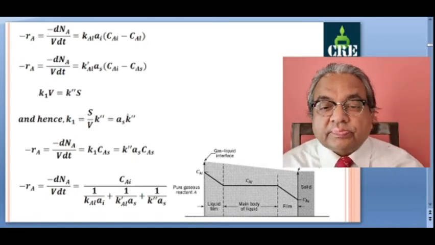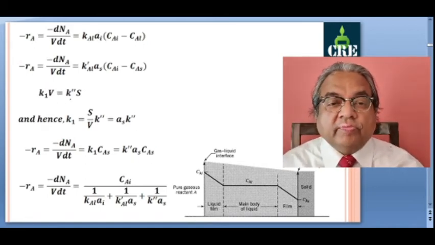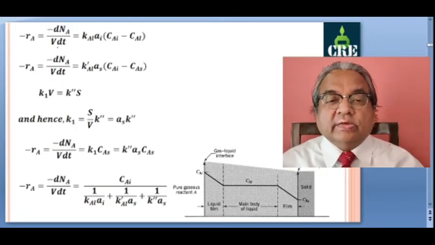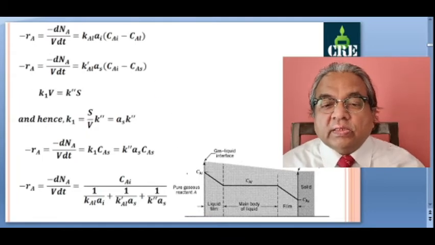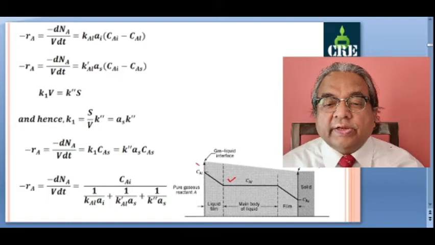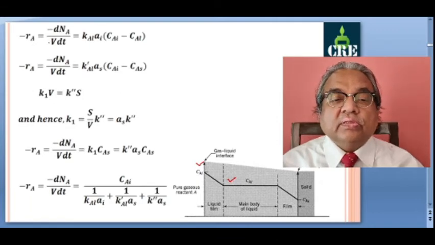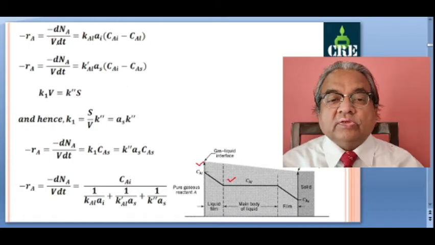So first, for the liquid film, we are writing this in terms of per unit volume, minus Ra is equal to minus dNA by dt into 1 upon V. So CAI minus CAL, this gradient. Coefficient KAL into AI. So KL, this AI, because we are using it based on the volume, not based on the surface area.